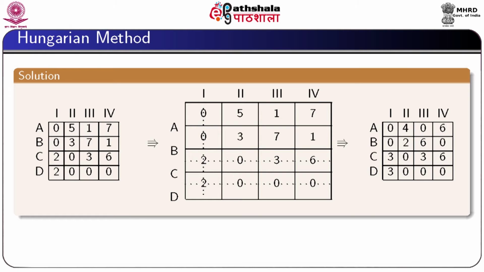In the next step, we choose the minimum element which is not covered by the horizontal and vertical lines, and then we subtract the minimum element from the uncovered elements, and at the same time we add that minimum element at the crossing of the horizontal and vertical lines. In doing so, we get the result as shown in the last table of this slide.